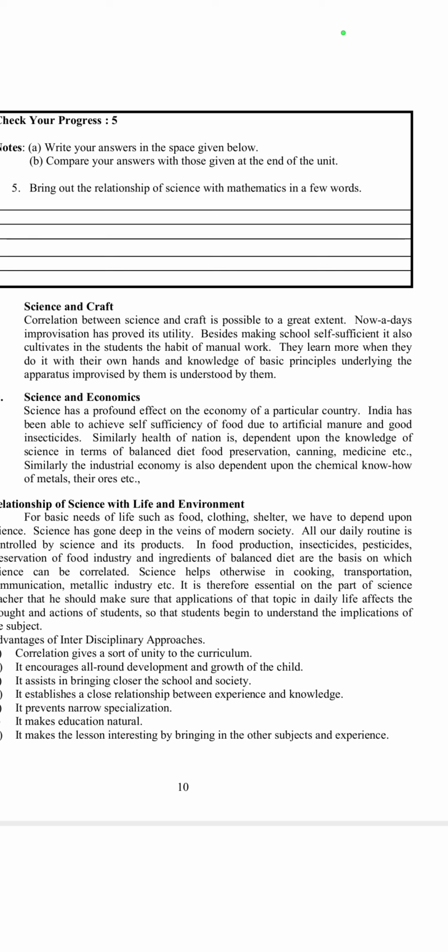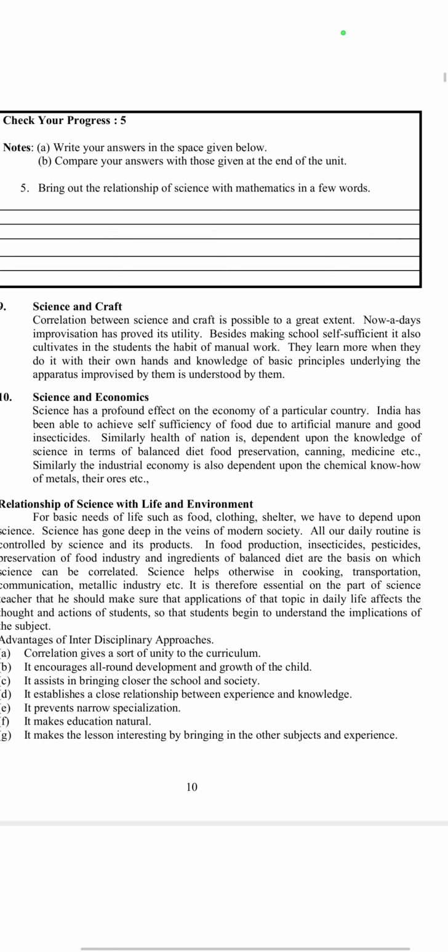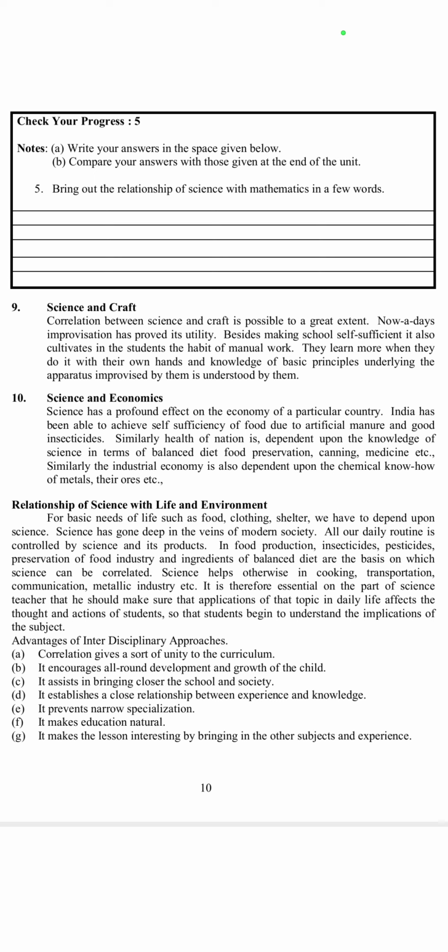Science always deals with application other than the content itself. So after the content, you will be knowing that you are going to do something. So in the definition for science and craft, it said that they learn more when they do it. Meaning to say, there is application.